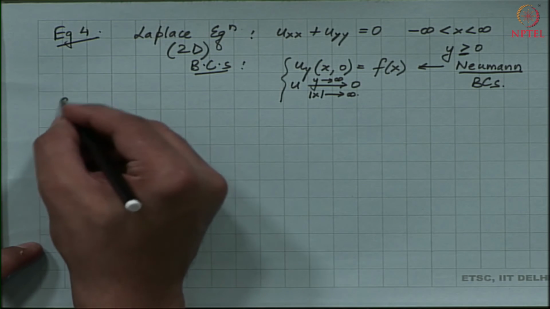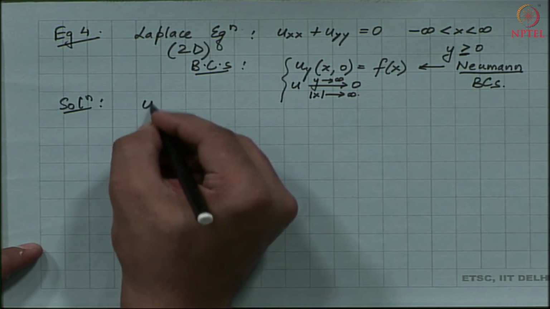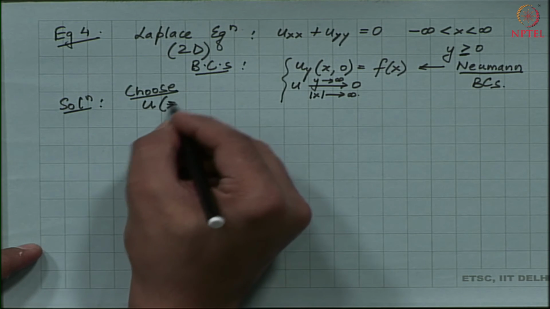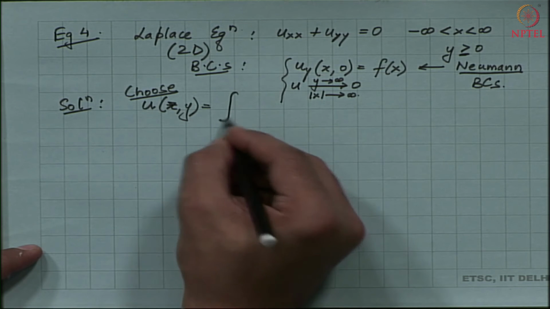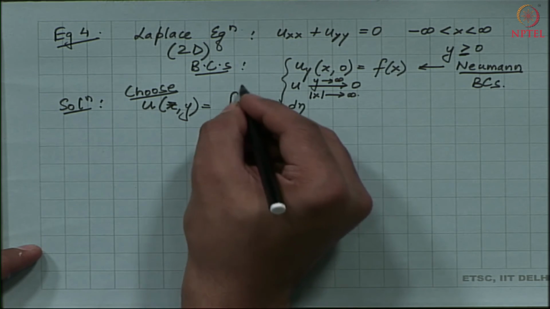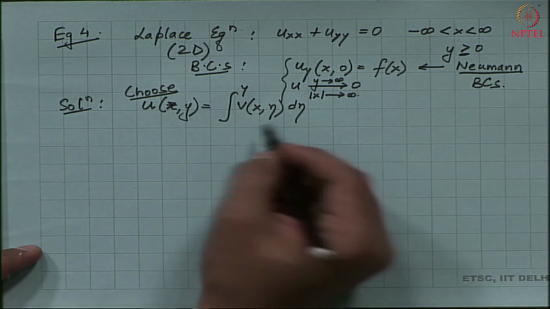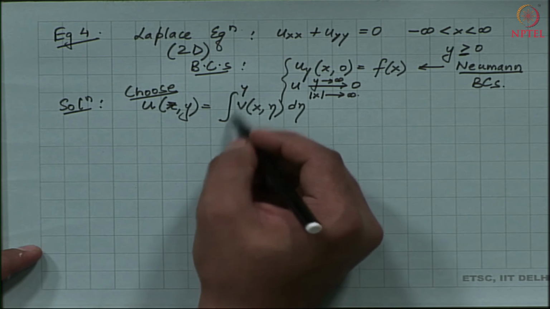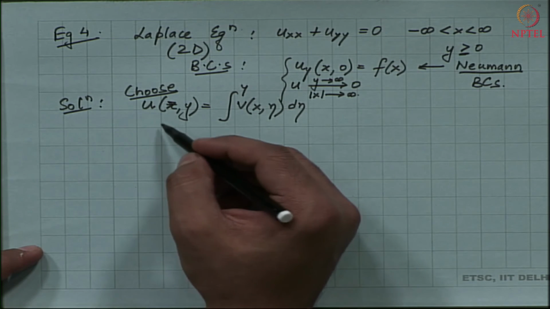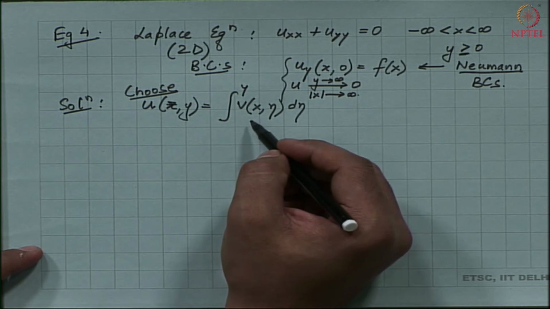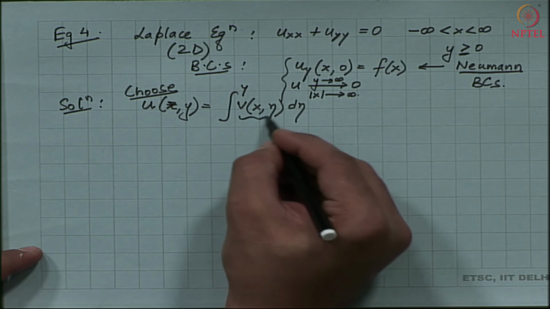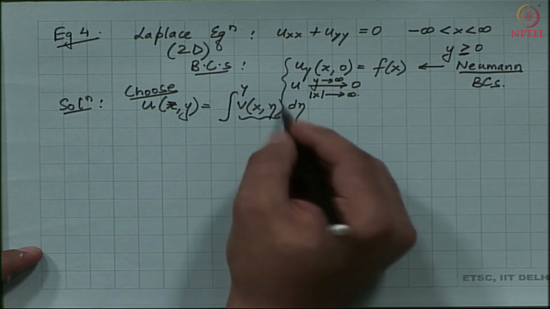Which means that if I were to choose my u to be of this form, so choose u of x comma y to be of the form integral v of x comma eta d eta, let us say from, so the integration is from 0 to y, because y is non-negative. So we can see that if we were to take the derivative, it will satisfy the Neumann condition, implying that this particular function v will satisfy the Dirichlet condition.